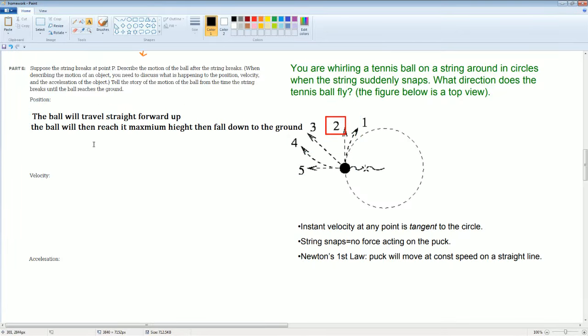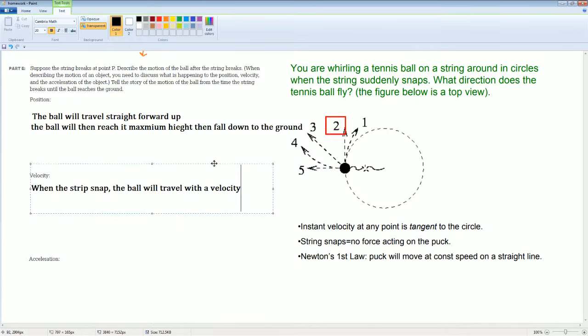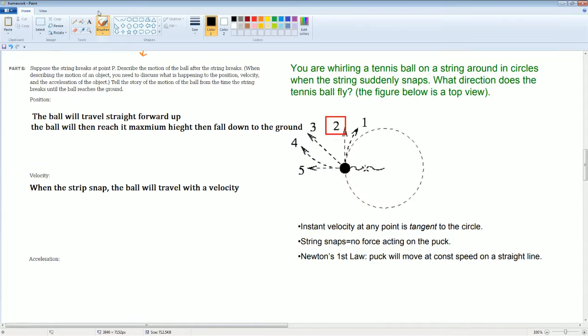Good. What about its velocity? Well, you can say that the speed of the ball decreases until it reaches the maximum height. When the string snaps, the ball will travel with a velocity.